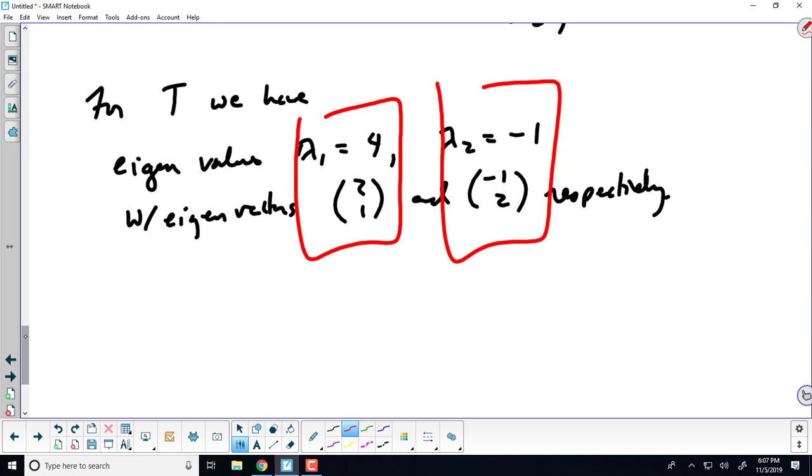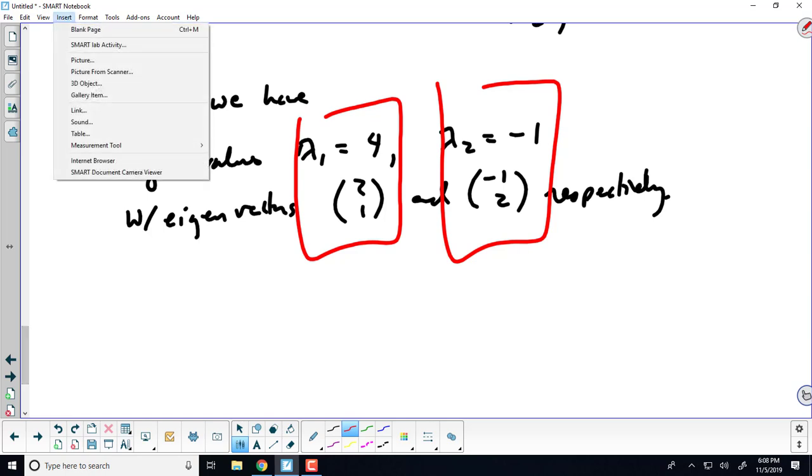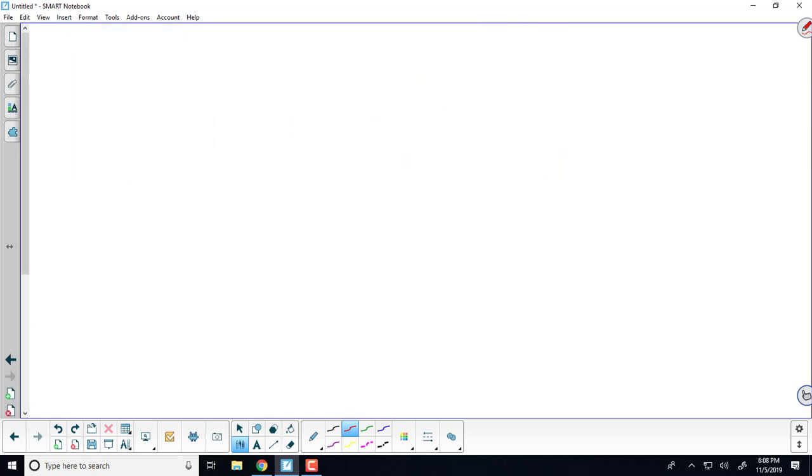Let's go ahead and list some properties of eigenvalues. Some of these are just related to the definition. Some of them are a little more interesting.